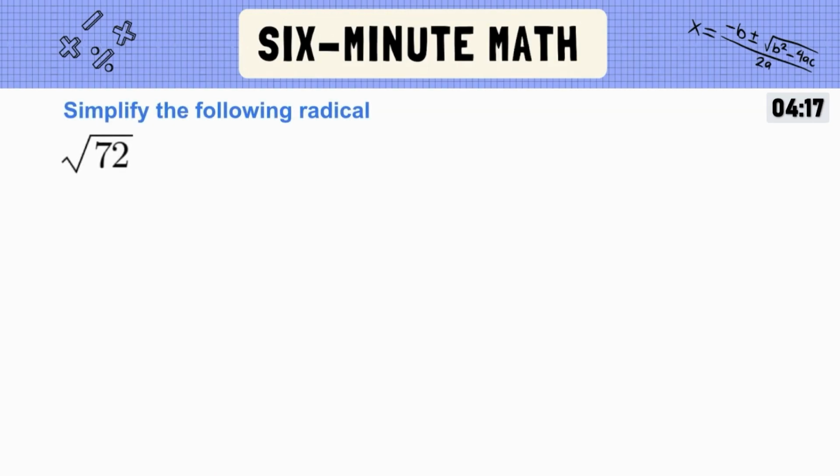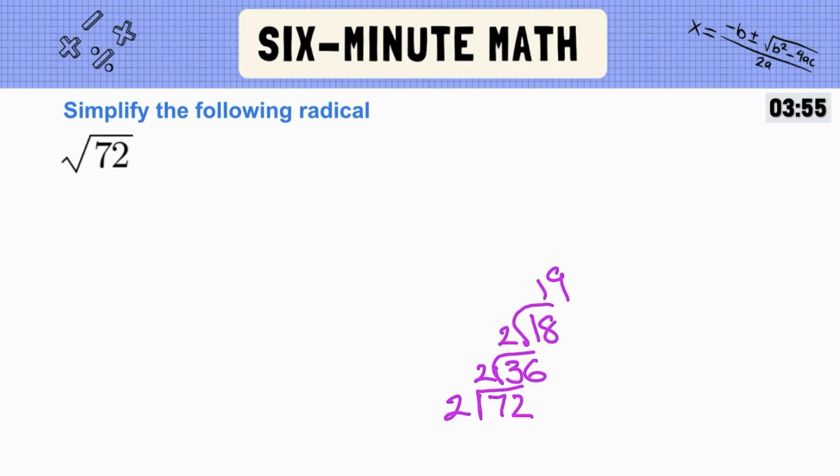So let's simplify root 72. And again, we are going to prime factorize. So let's do the birthday cake method here. We have 72, and we're going to divide that by 2 to start, which gives us 36. That's divided by 2 for 18.